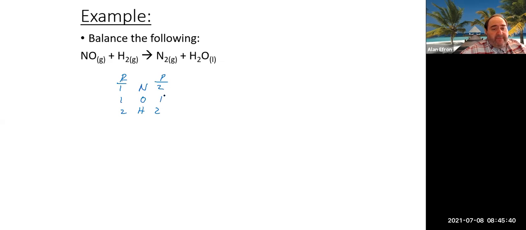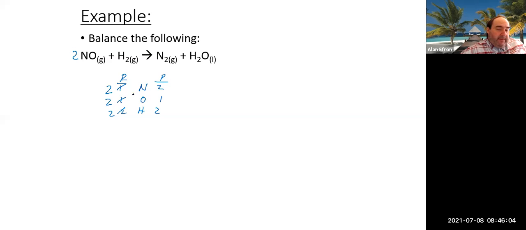So we can simply fix the nitrogen on the left-hand side by putting a coefficient, not putting any numbers on the bottom or anything like that, only coefficients here. That then gives us 2 nitrogens. It then gives us now 2 oxygens and 2 hydrogens. So again, very common. You fix one thing, and you kind of screw up something else along the way.